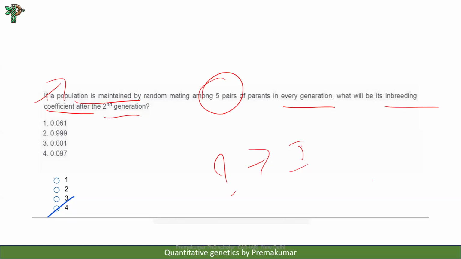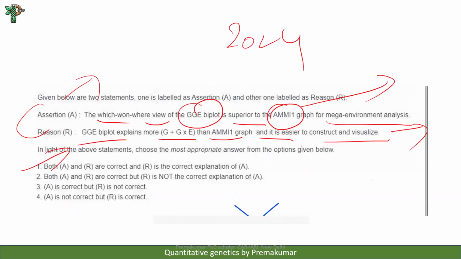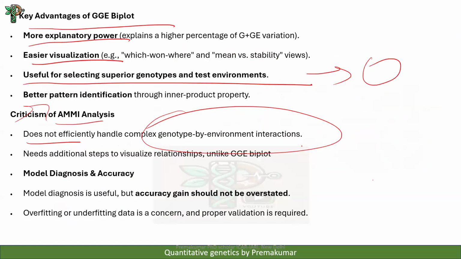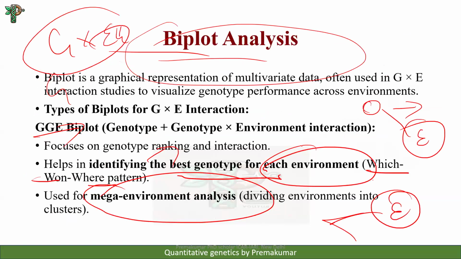See, we have an effective population of 10. Five pairs means 10 individuals are there, and they are maintained in the second generation. What will happen? You can use the formula which I have discussed for the inbreeding coefficient.